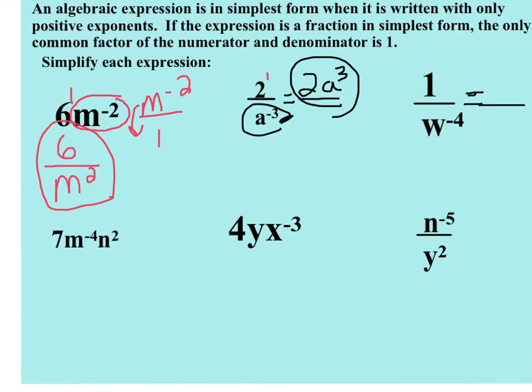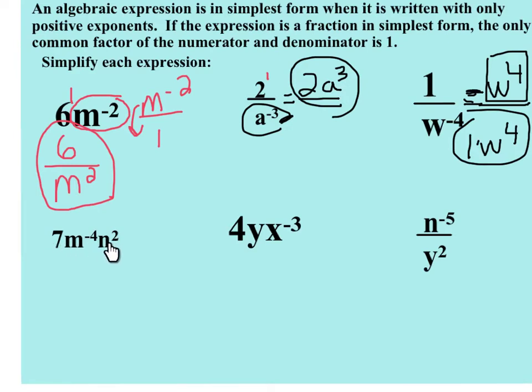So it will be w to the positive 4. And there's my answer, w to the positive 4. You can also say 1w to the positive 4 because the 1's there, but you do not have to write the 1. Remember, not glued together.